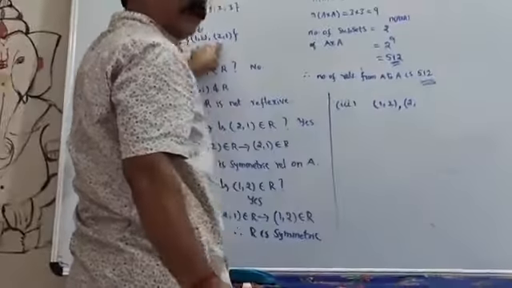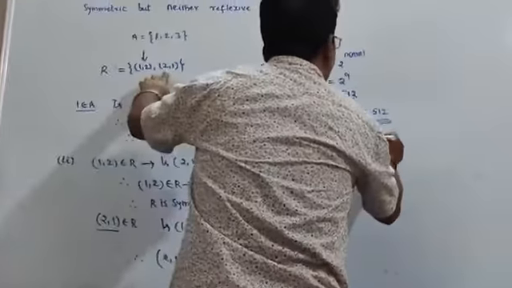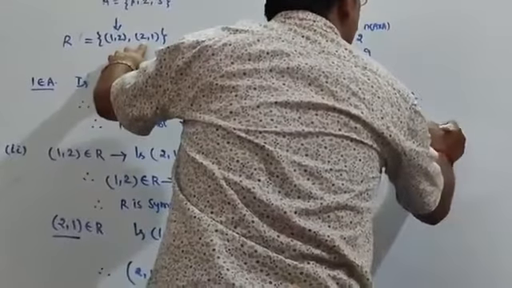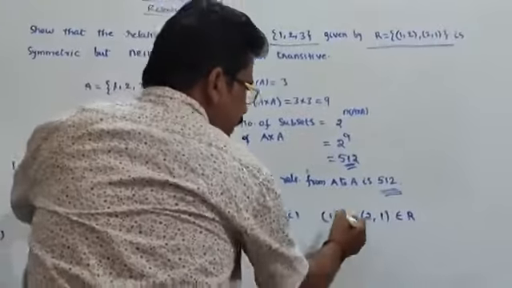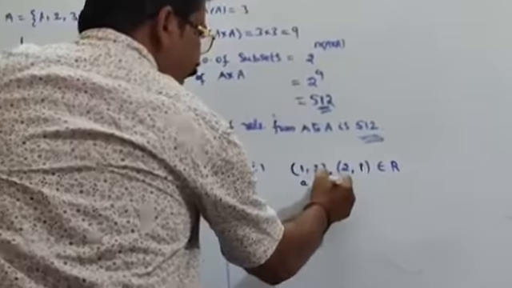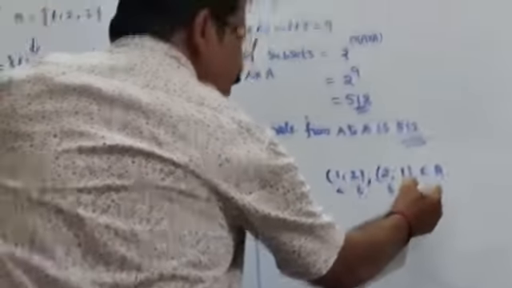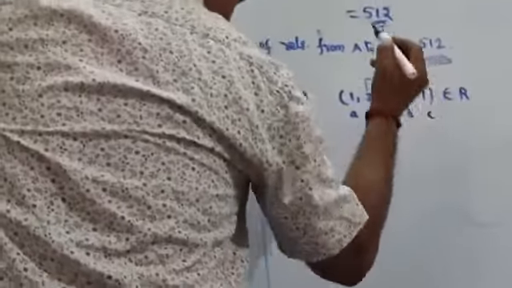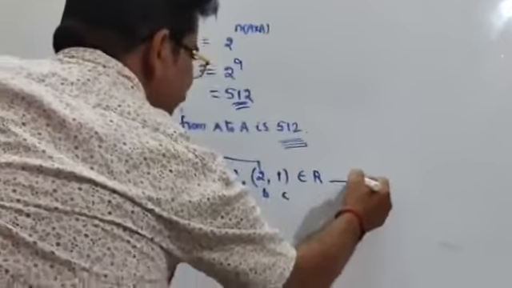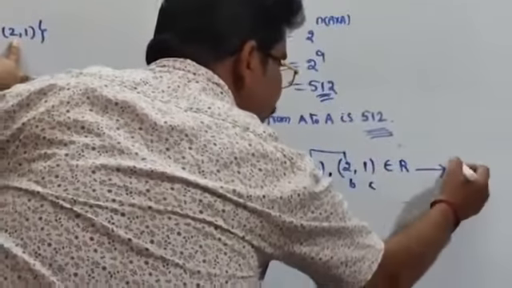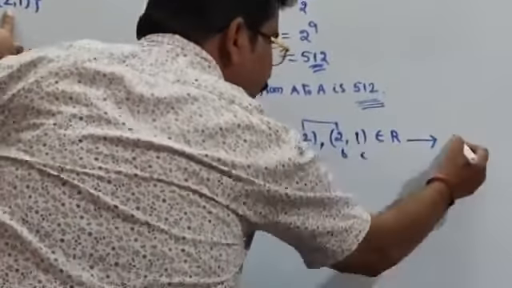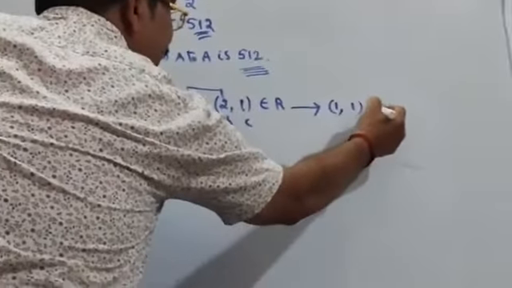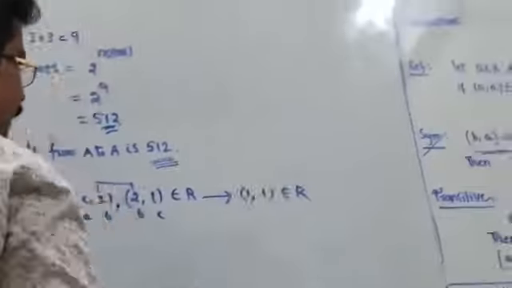Yes, (2,1), that belongs to capital R. Next, it is in the form of a, b, c. Then it implies (1,1), that is (a,c). Does that belong to capital R?